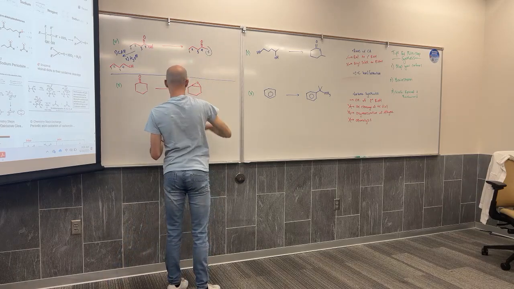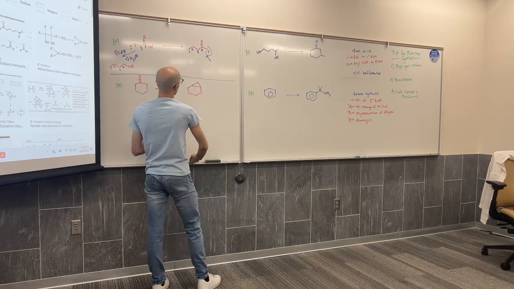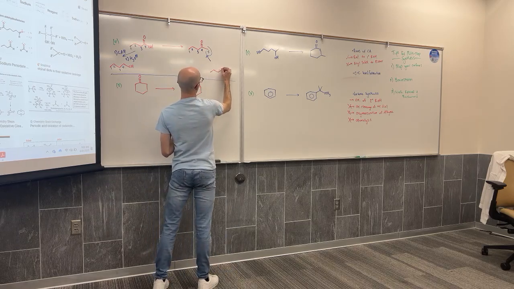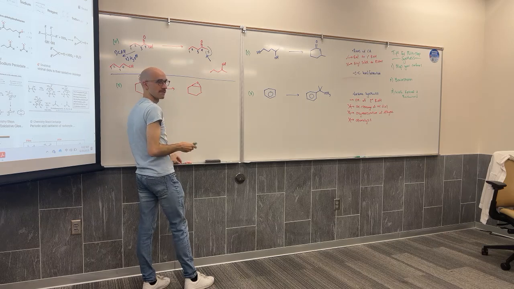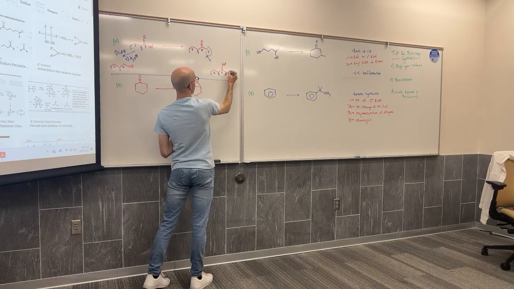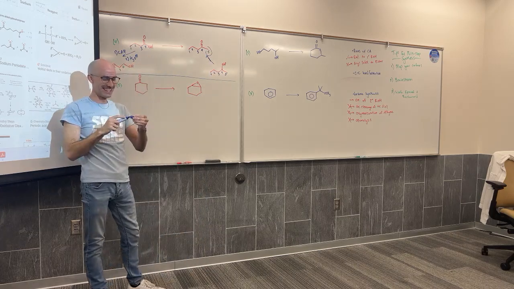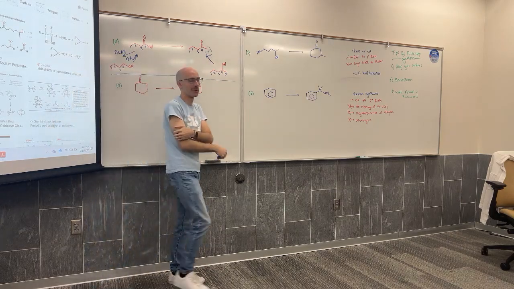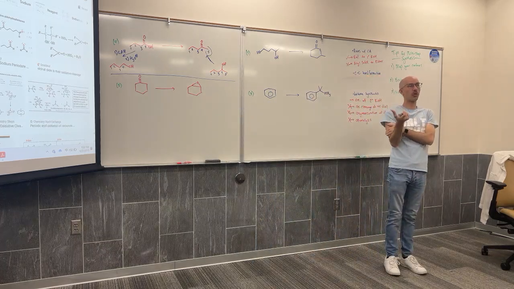Caitlin, what about you? What's a good reagent we could use here to take this secondary alcohol to a ketone? PCC works. Do you remember what PCC stands for? Pyridinium chlorochromate. Very similar to chromic acid.